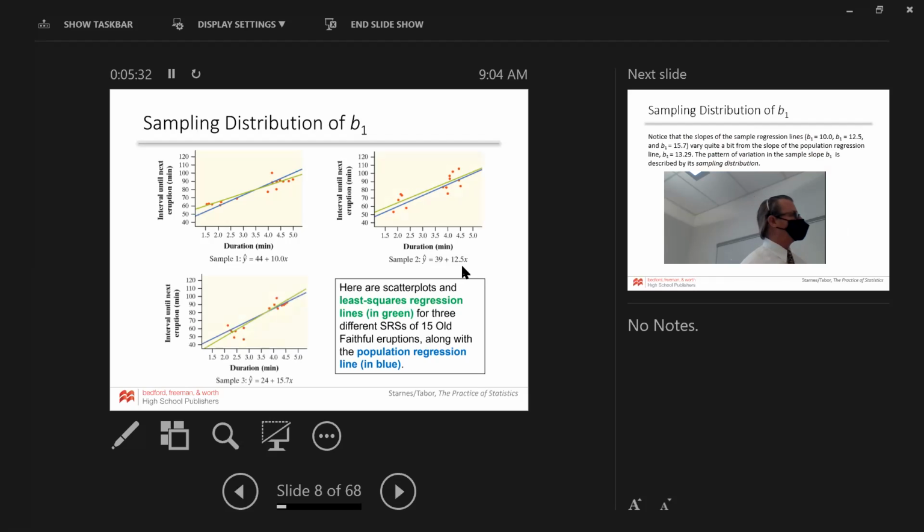Here's how they chose to do it. So you got 3 different green lines, which are 3 separate sample estimates of the true line, which is in blue. But the reality is you're not going to know what the true line looks like. That make sense? But there's going to be variability among the sample lines. What's going on here? The intercept goes from 44 to 39 to 24. Depending on that sample, the slope went from 10 to 12.5 to 15.7.